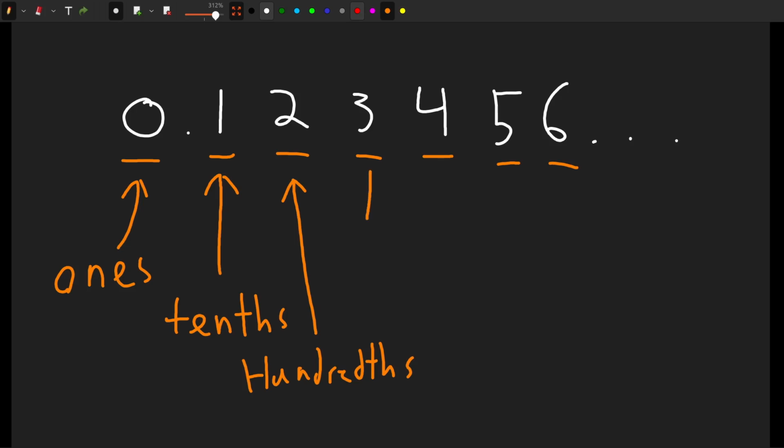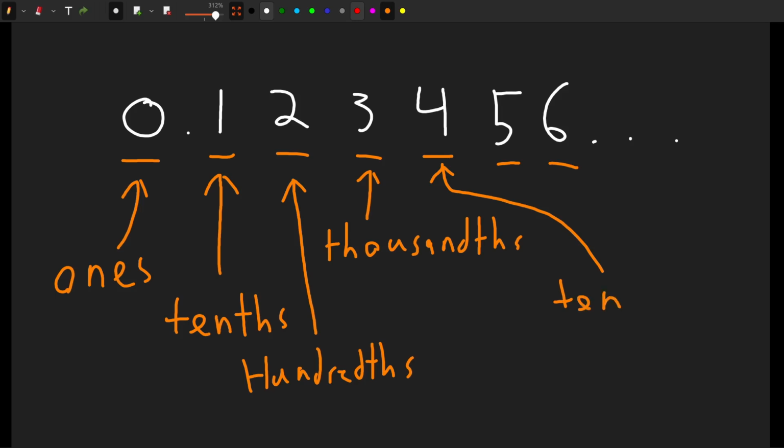The 3 represents thousandths. And then the 4 represents 10,000ths.